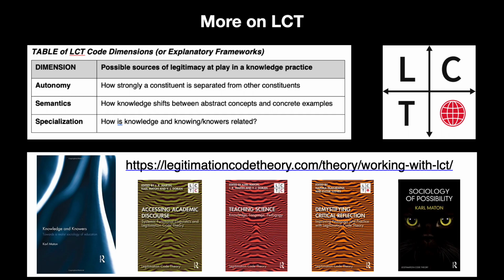There are many other book collections of LCT works as well as thousands of journal articles. Also, there are LCT interest groups scattered around the world, and an LCT website full of useful resources. So, thank you for watching, and best of luck with your research journeys.